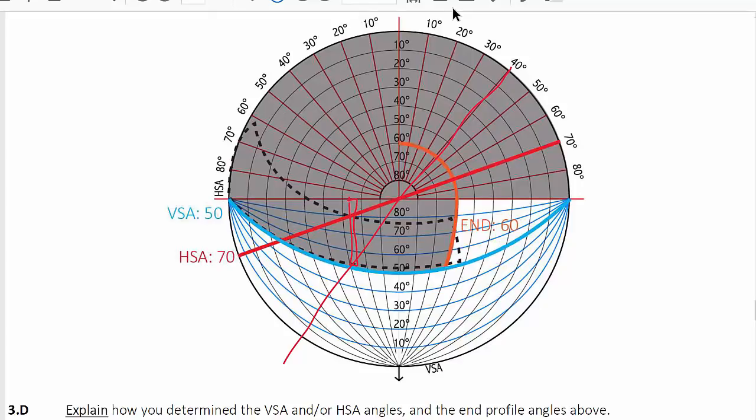So you're trying to find a balance between a vertical fin, so here I chose 70, so a vertical fin that is shallower and might have a nicer aesthetic relationship with my horizontal shading device.